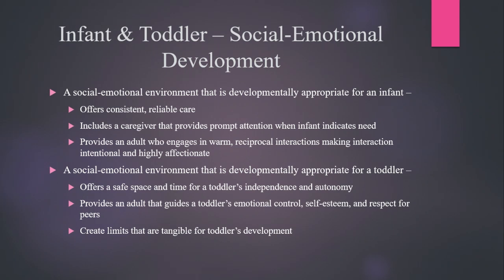The social emotional development intertwines with the cognitive development, even the physical development, because kids learn so much in social settings and those emotional settings, how to self regulate and all those different things. So a social emotional environment that is considered developmentally appropriate and encompasses developmentally appropriate practices always offers a safe space for infants and toddlers, like generally safe. And it's geared towards their development. That's why it's developmentally appropriate.